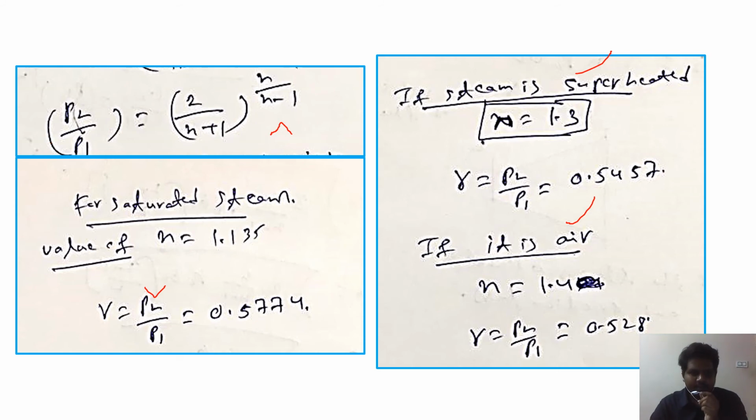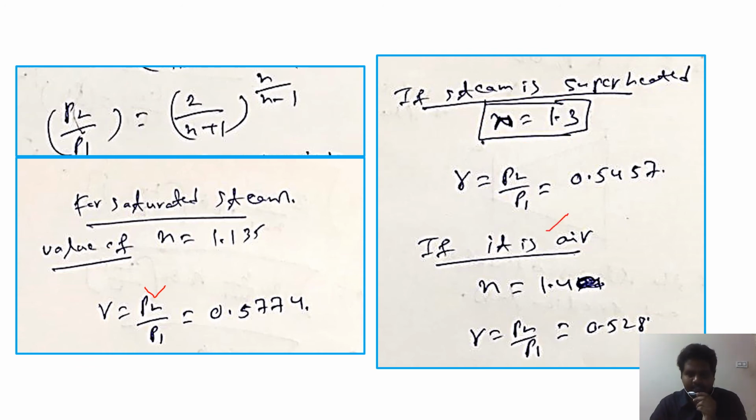If it is superheated steam, the n value is 1.3. If you substitute this n value in this equation, the pressure ratio P2 by P1 equals 0.5457. So this is the pressure ratio of the superheated steam. Suppose air is flowing inside the nozzle.